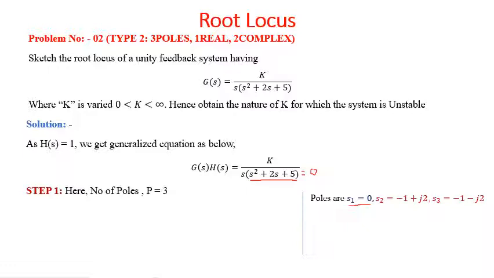This is in the form of x plus iy, or it can be written as a plus or minus jb, where a is the real part of the complex number and b is the imaginary part of the complex number.